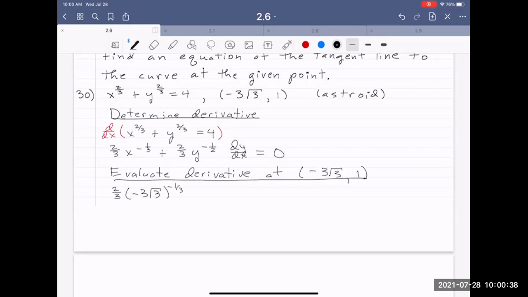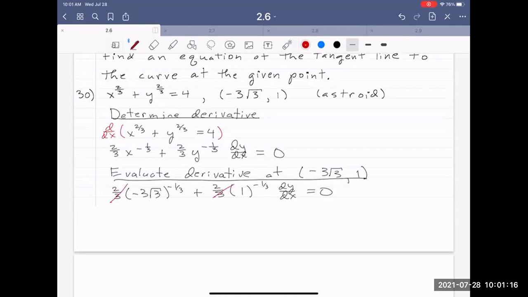And where we see a y, I'll replace y by 1, times dy over dx. And then solve for dy over dx.